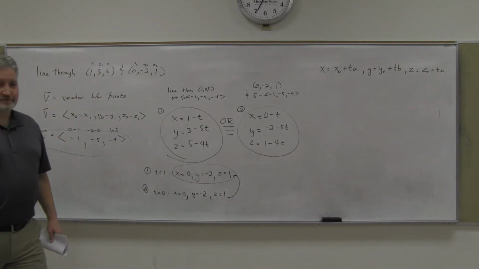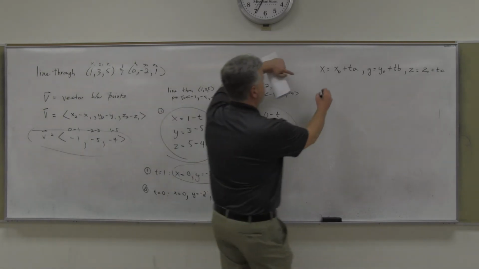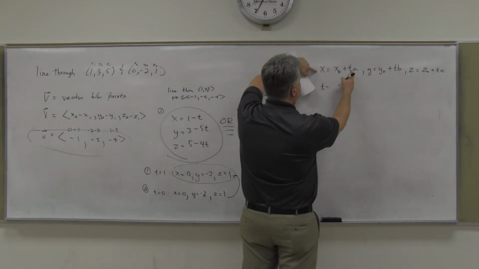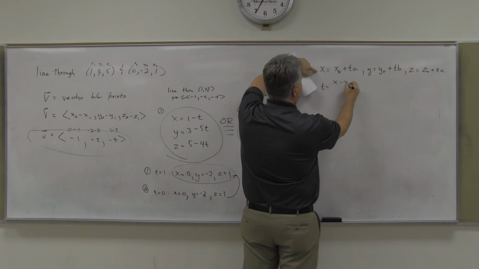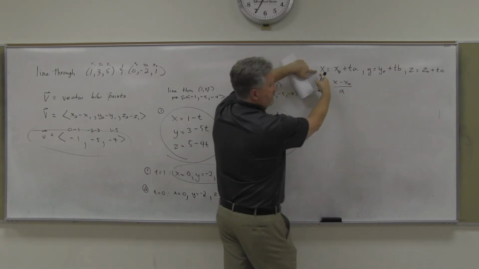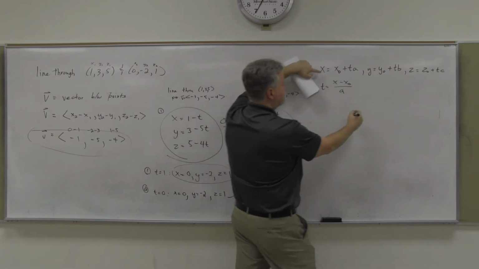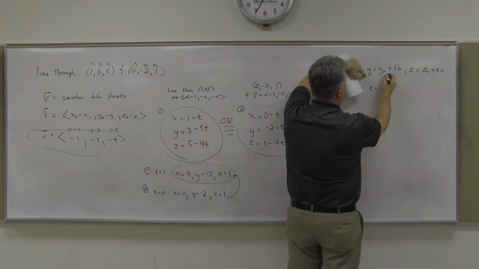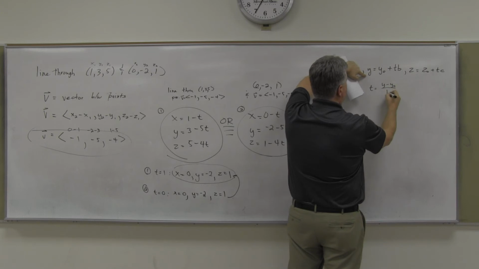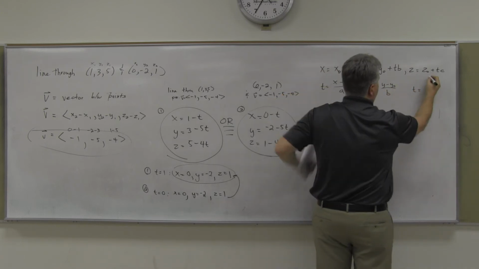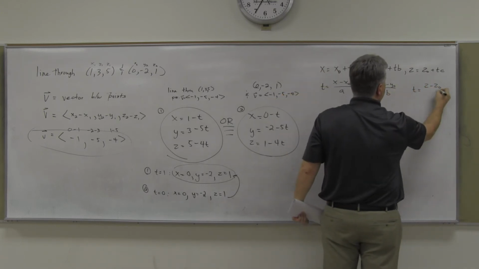If we solve those each for t, all right, so here we have t equals what? x minus x0 divided by a. Solve this one for t. We would have y minus y0 divided by b. And this we would have z minus z0 divided by c.